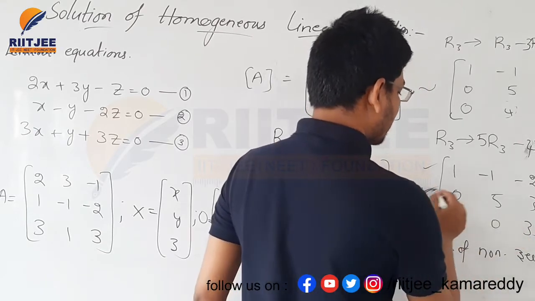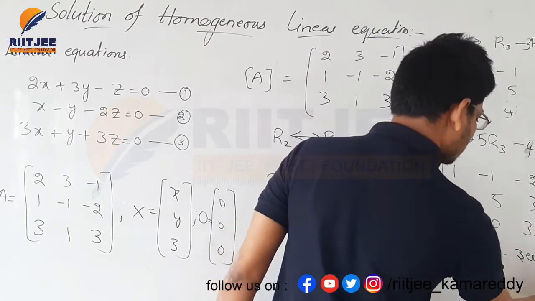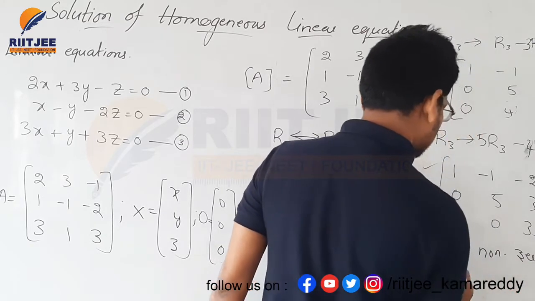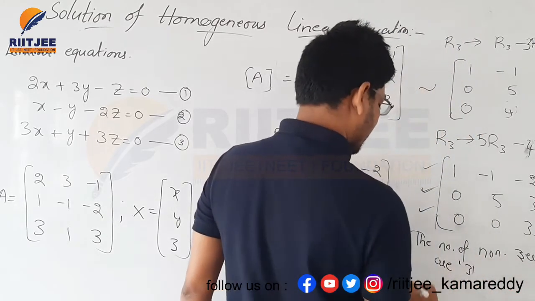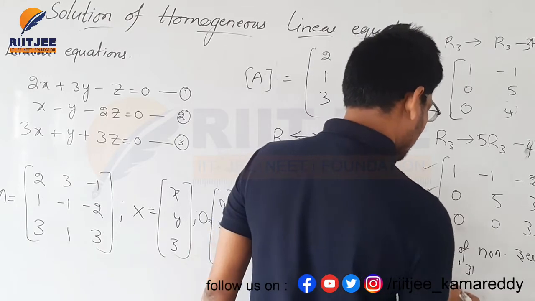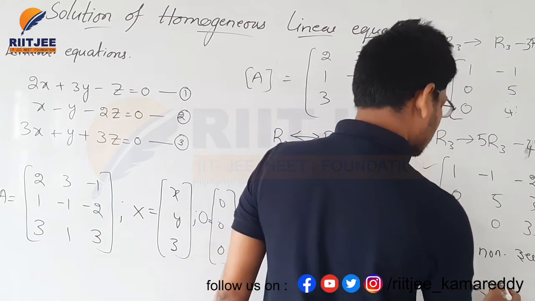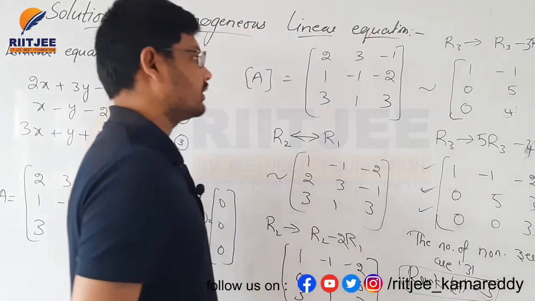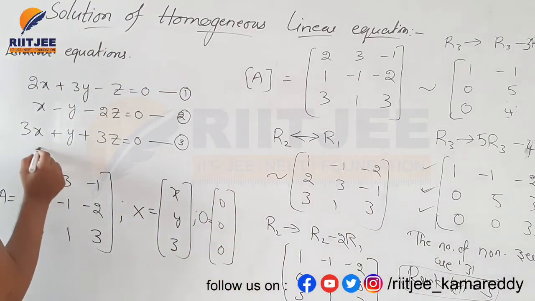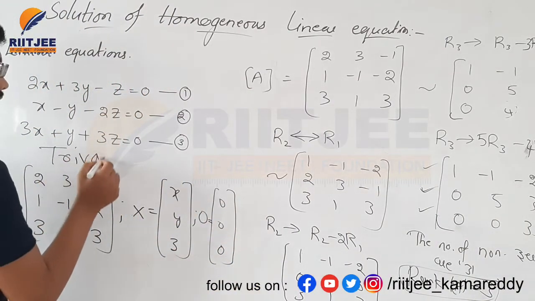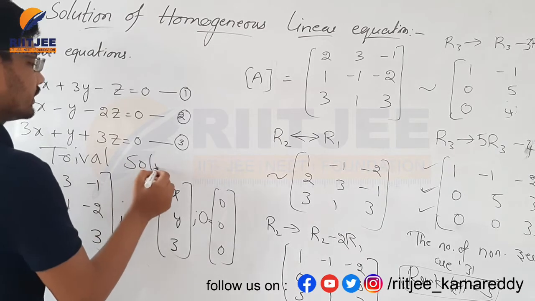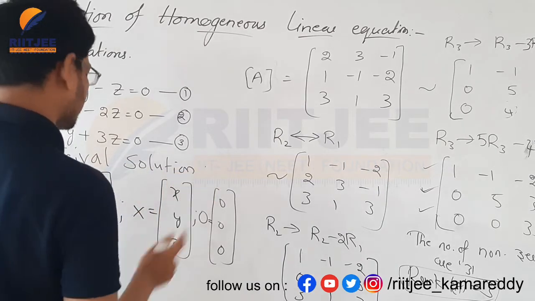That's why the number of non-zero rows is 3. That's why the rank of A is equal to 3 here. If rank of A is equal to 3, then it has a trivial solution.